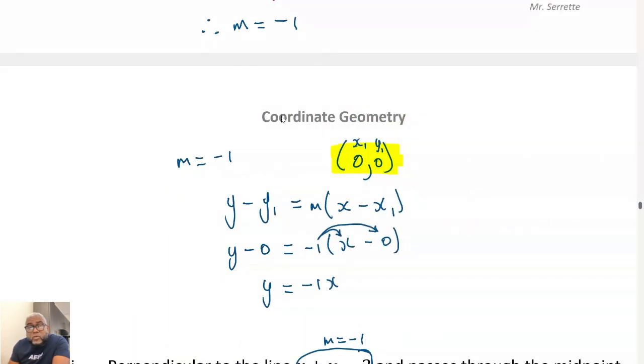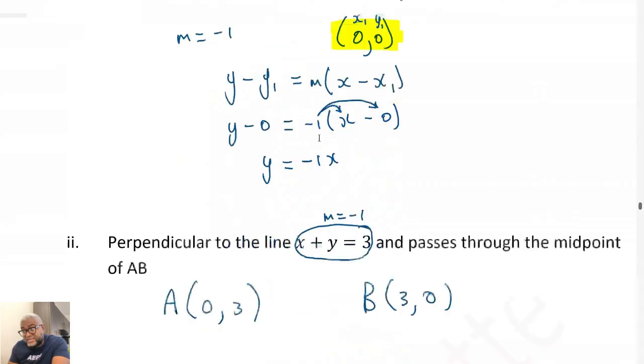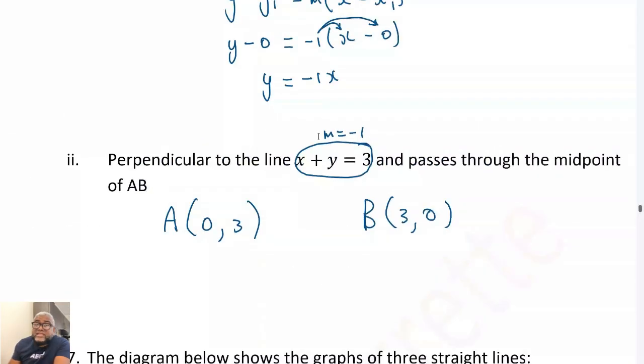We got that when we moved this plus x to this side, it became -x, and we determined that the number in front of x, which is M, the gradient, was actually -1. Now, if the gradient of the original line is -1, this counts as -1 over 1.